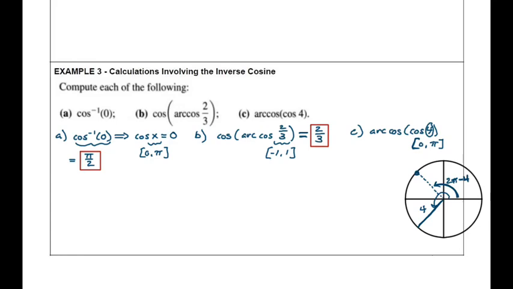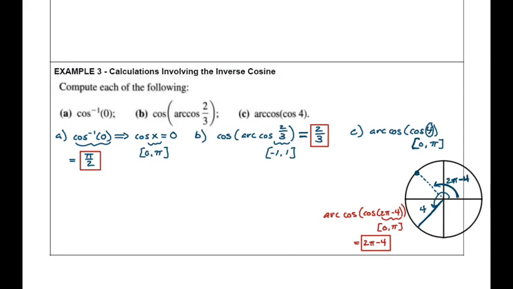So 2 pi minus 4 would be the angle in quadrant 2 that has the same cosine as 4. So now I can rewrite this problem as arc cosine of 2 pi minus 4, because 2 pi minus 4 is now an angle in my interval 0 to pi, which means arc cosine of 2 pi minus 4 would just be 2 pi minus 4.